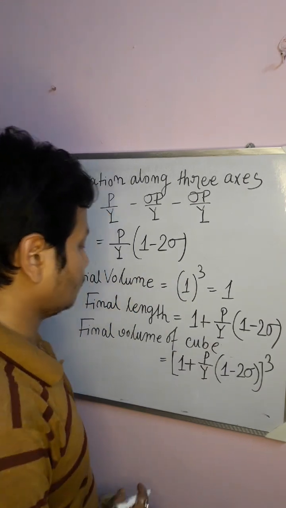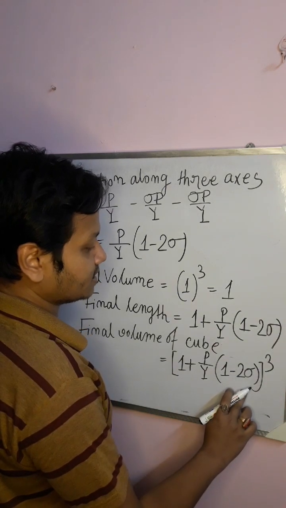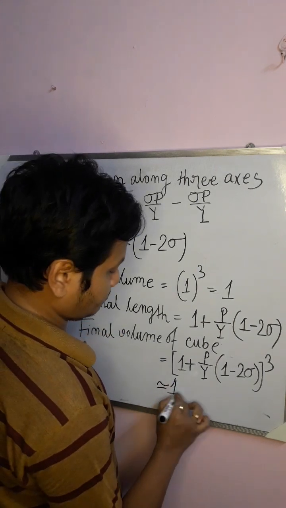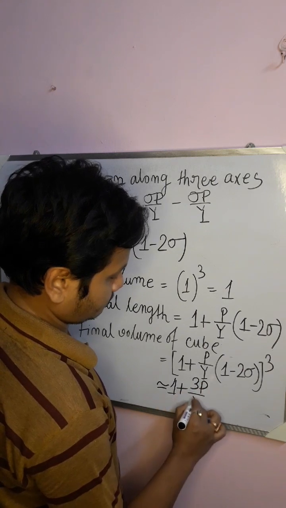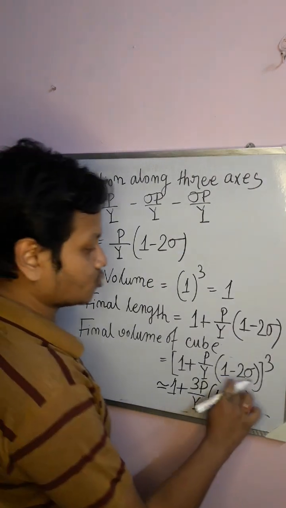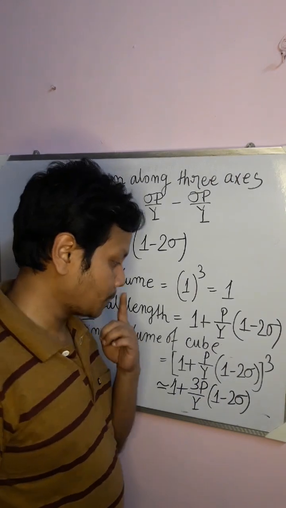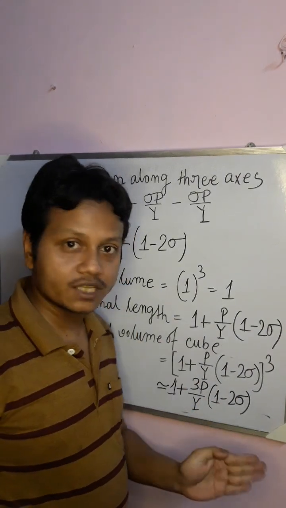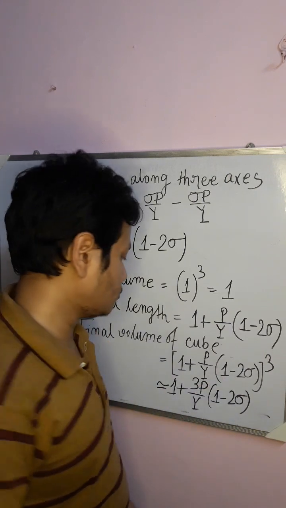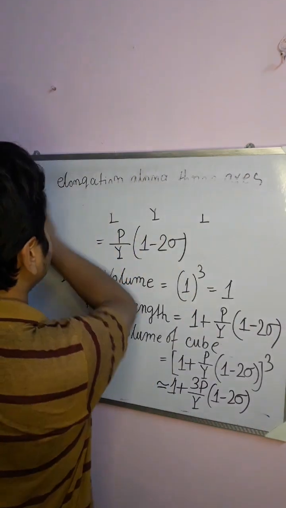So this is the final volume, and this term is very small. That means here we can ignore the higher order terms, that is, we ignore the square and cube of this term since this is very small. a cube plus 3a square b, up to this we take, and we ignore the terms like b square and b cube, since this is very small.